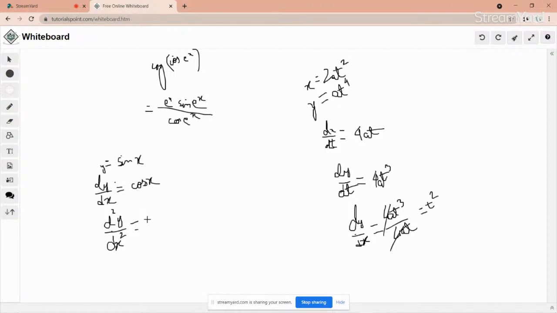So the derivative of cos x is minus sin x.